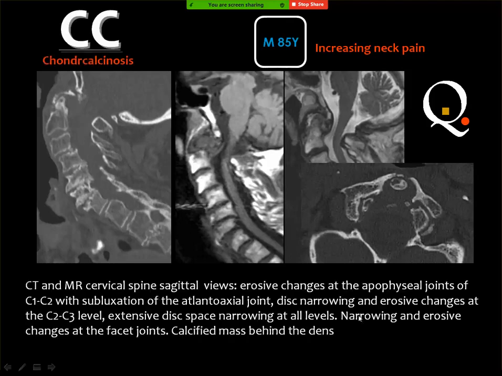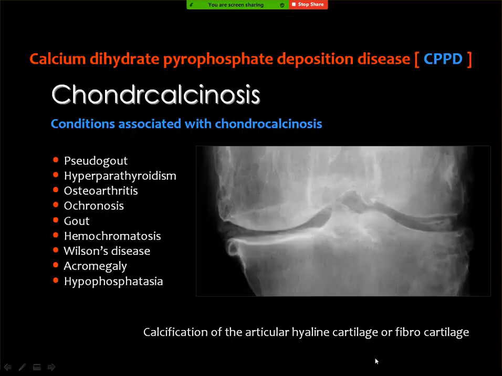But if you look carefully here, this is a case of chondrocalcinosis, or calcium pyrophosphate dihydrate disease, which affects predominantly the odontoid process, and it causes some erosion of the odontoid as well as the related arches of the first cervical vertebra, associated with the formation of a soft tissue mass at that level.